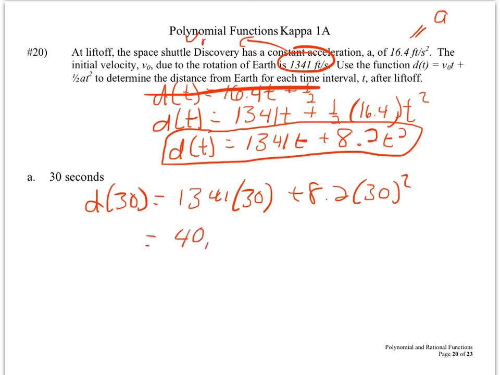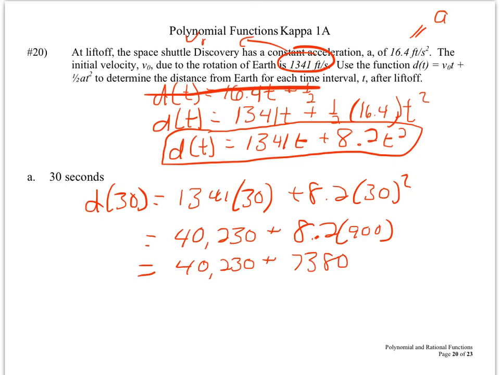Showing all of our work, we get 40,230 plus 8.2 times 900, which is 7,380. When you sum those, you get 47,610 feet.